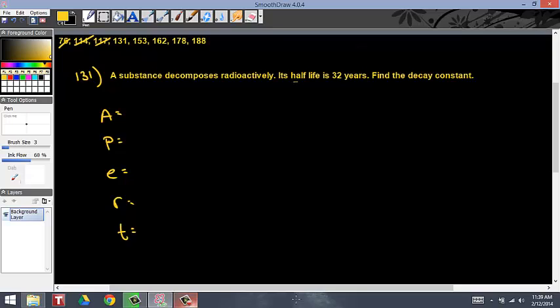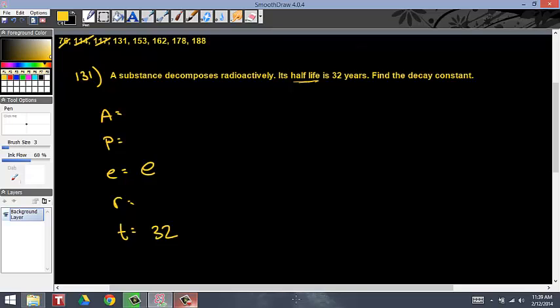When we're dealing in half-life, typical half-life problems mean that a substance is going to have half of its normal composition after a certain amount of time. What role does 32 play in this problem? Time. What's E? E. Now, what are A and P? In these half-life problems, they don't give you A and P, but they need you to find it on your own.